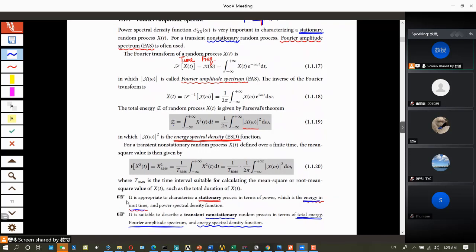So E is the total energy. The absolute value of X is the Fourier amplitude spectrum, and the Fourier transformation absolute value squared gives us the energy spectral density function.